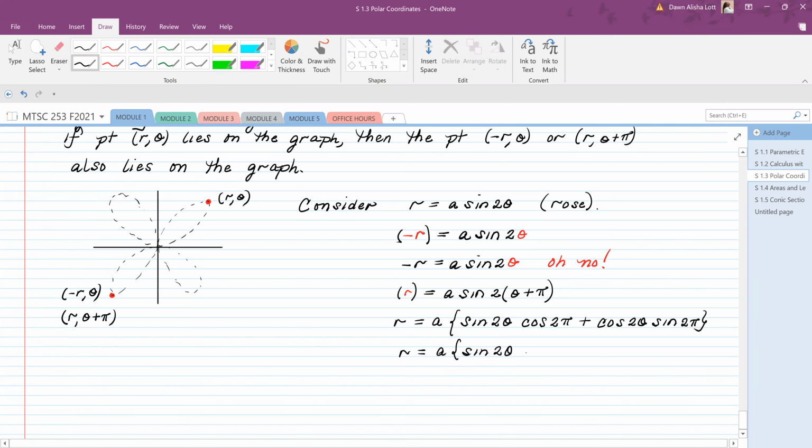The cosine of 2 pi is 1, plus the cosine of 2 theta, and the sine of 2 pi is 0. So I get back r is equal to a sine 2 theta. Oh, and it does work. Yay. One of them had to work, because I know it was symmetric.